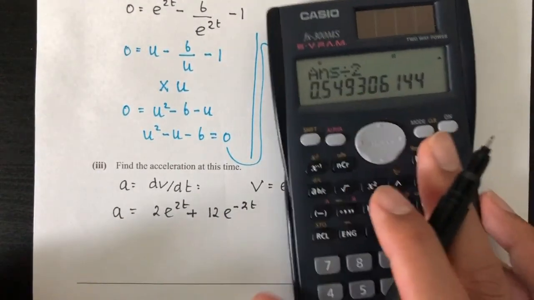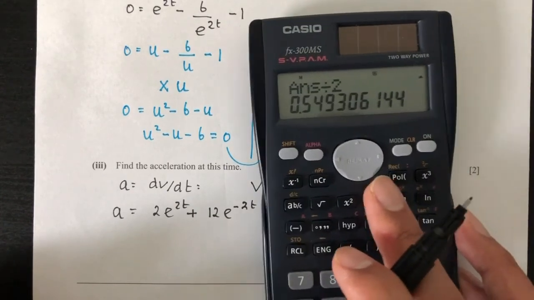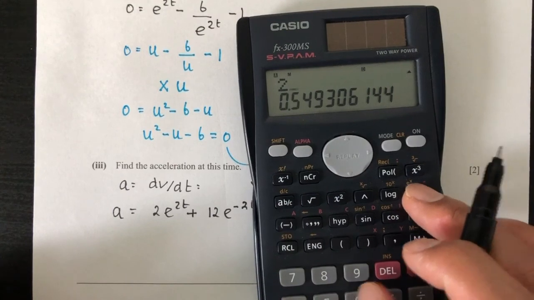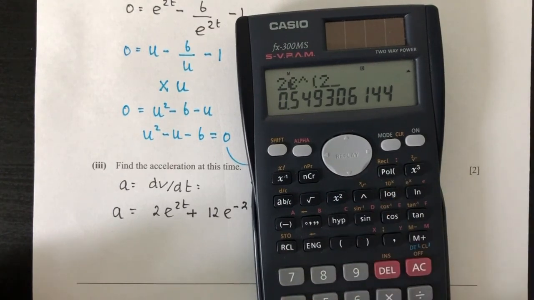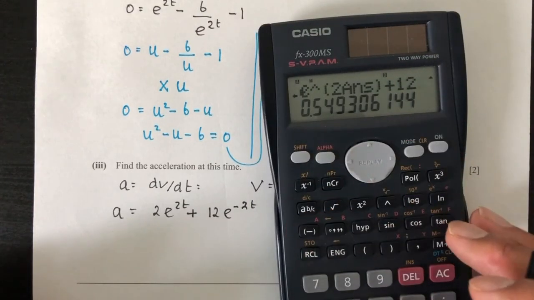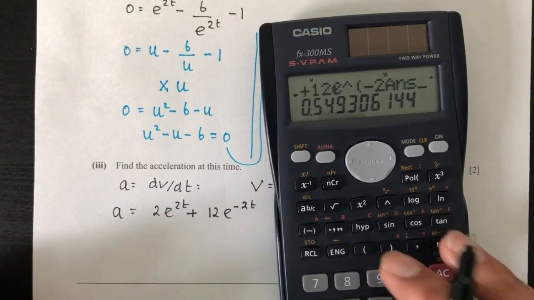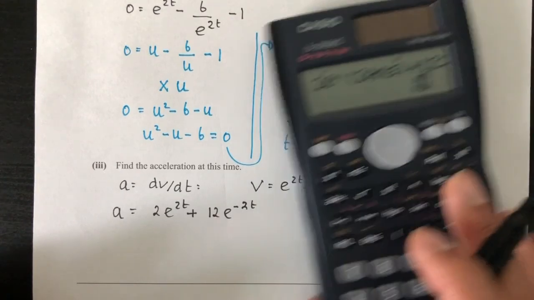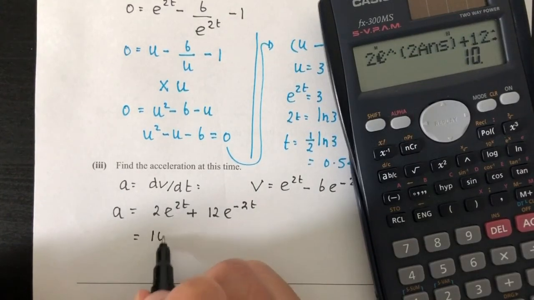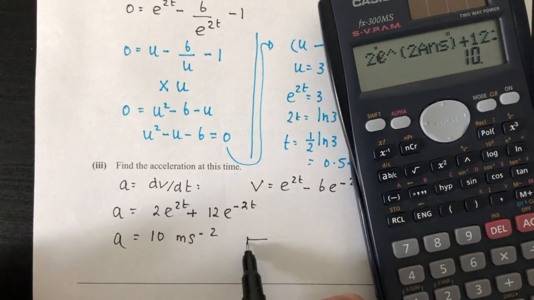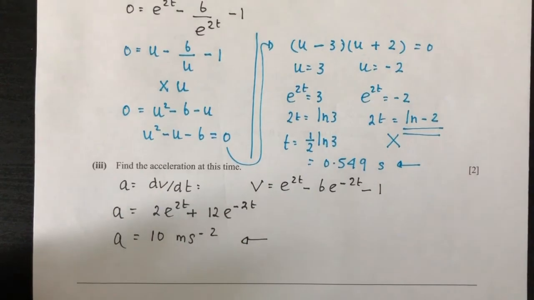So this is the value of t, so 2e to the power of 2 times the answer plus 12e to the power of minus 2 times the answer. That should be 10. So a is equal to 10 meters per second squared. That is your value of a at this time.